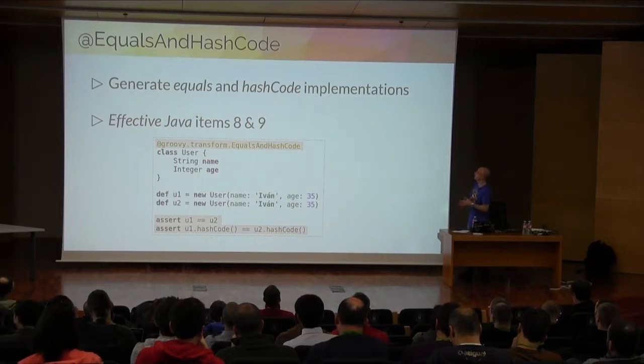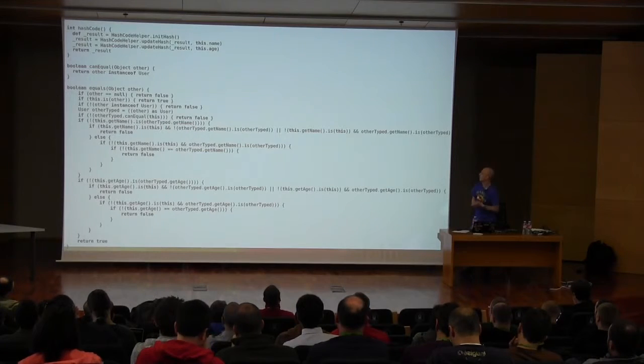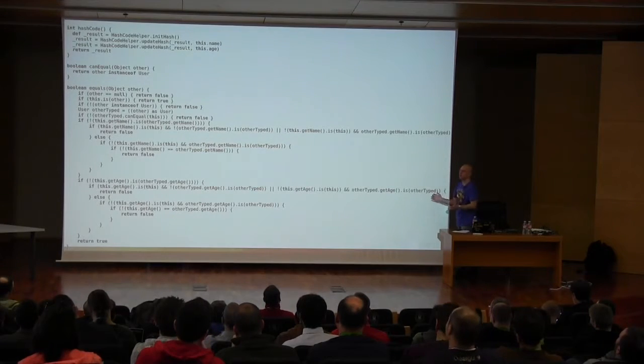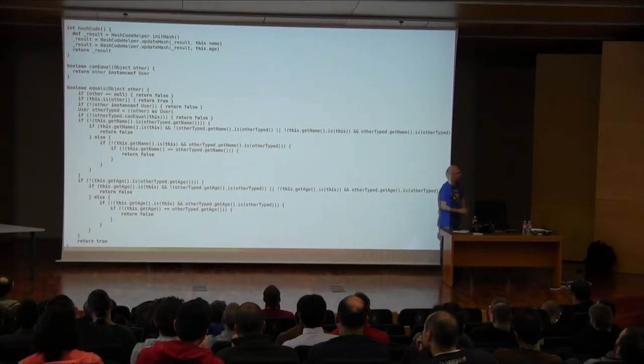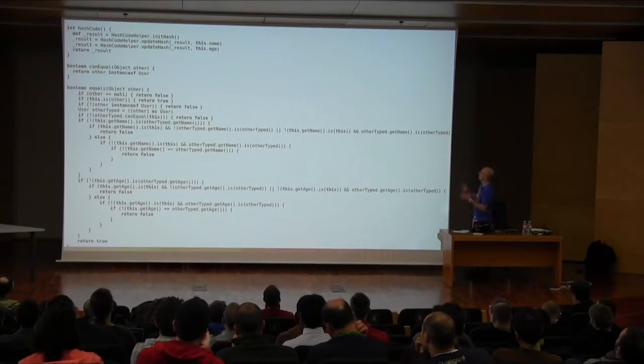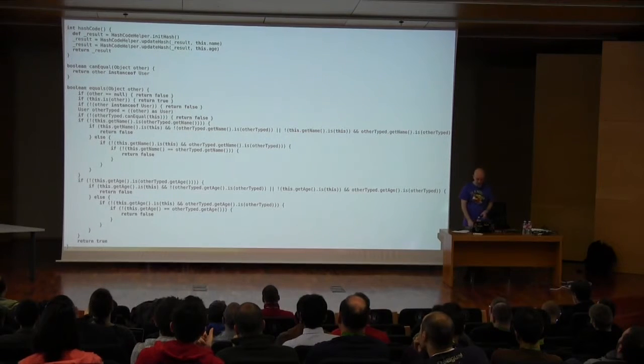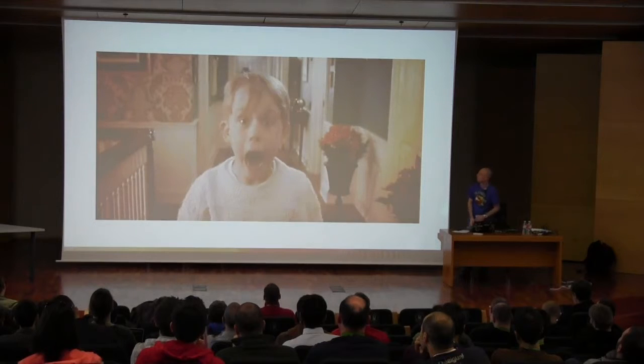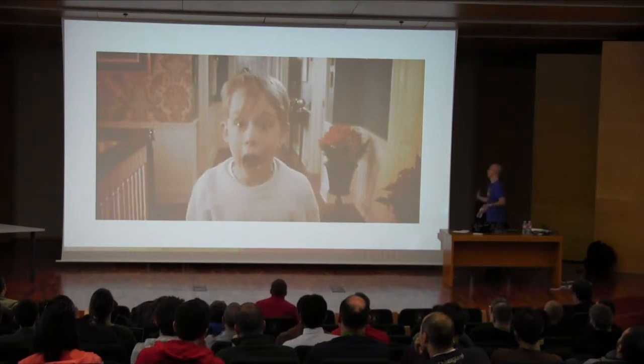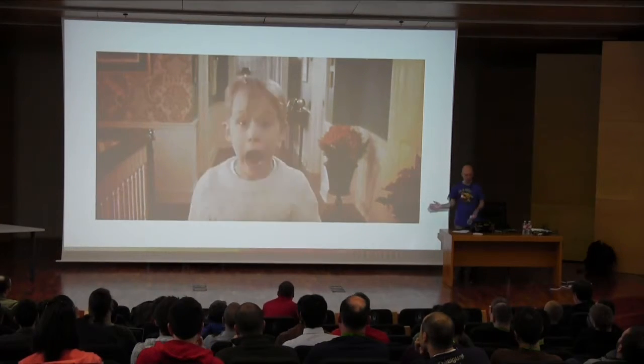And what the Groovy compiler is doing is something like this. All this code, and please don't pay too much attention. I'm not even going to let you see this code, because when I see all this code that we need to write in Java, I only think of this. I'm terrified. I don't want to write this code anymore.